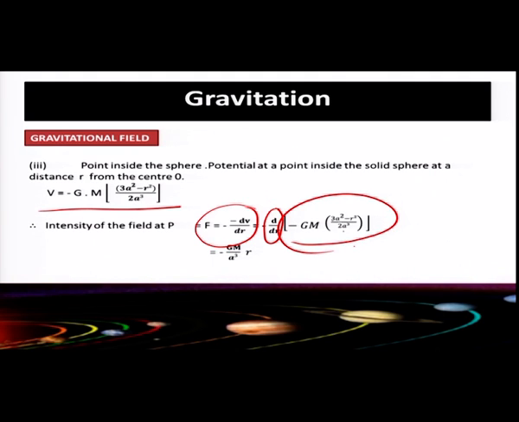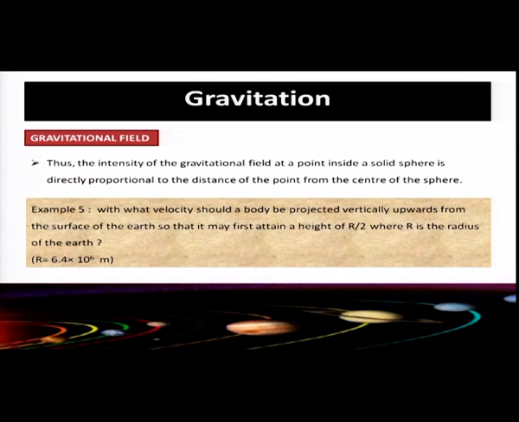It is minus G m into 3 a squared minus r squared by 2 a cube. When you differentiate this, you get minus G m by a cube into r. Thus, we can see the intensity of the gravitation field at a point P inside a solid sphere is directly proportional to the distance of the point from the center of the sphere.